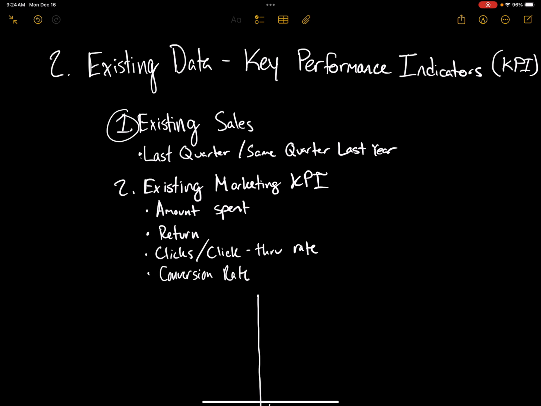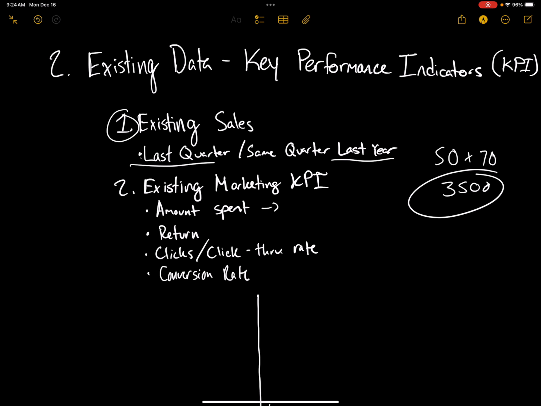And say for instance, you've only been in business 6 months, then you don't have a last year to look at as far as the trends in your sales. But you do have some data to work with here. So if you were only able to do 50 times 70, call it $3,500, well, that's not exactly a great quarter if you ask me. But what we can figure out is, all right, if you were able to do $3,500 in revenue and say you spent, call it, $5,000 on marketing.